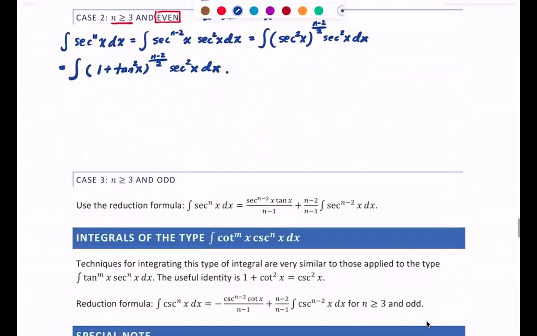But this time, if n is odd, you have to do integration by parts repeatedly, which is not fun to do. Okay, so if it's odd, this is the time you're allowed to use this reduction formula. So if it's even, you go through that strategy.